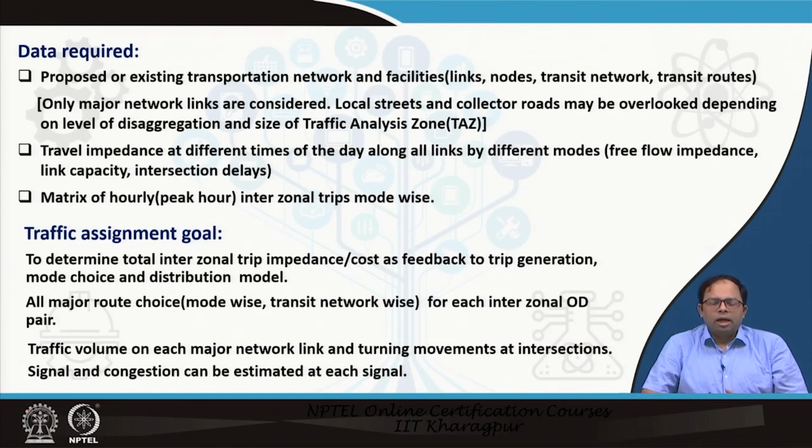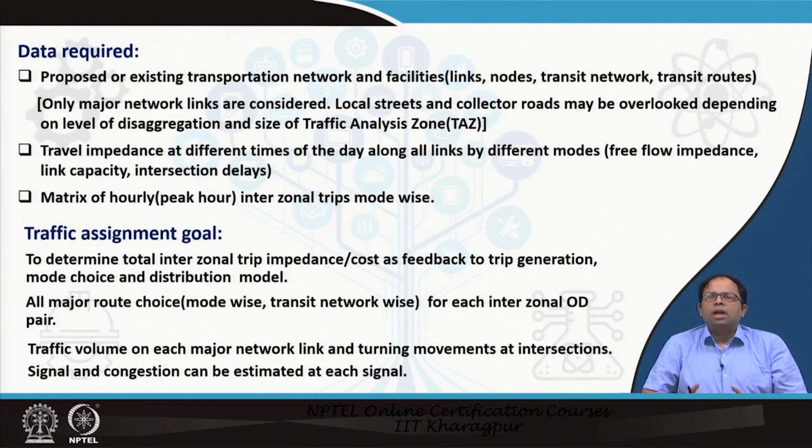But actually when people choose a route, they don't choose the local paths in the middle segment of the route. That means they start from a particular zone. At the initial part of the journey they may use some local streets, and after that they get into a major corridor, maybe a major arterial or a sub-arterial, and then they carry on to their destination, and then again they will get into the smaller streets.